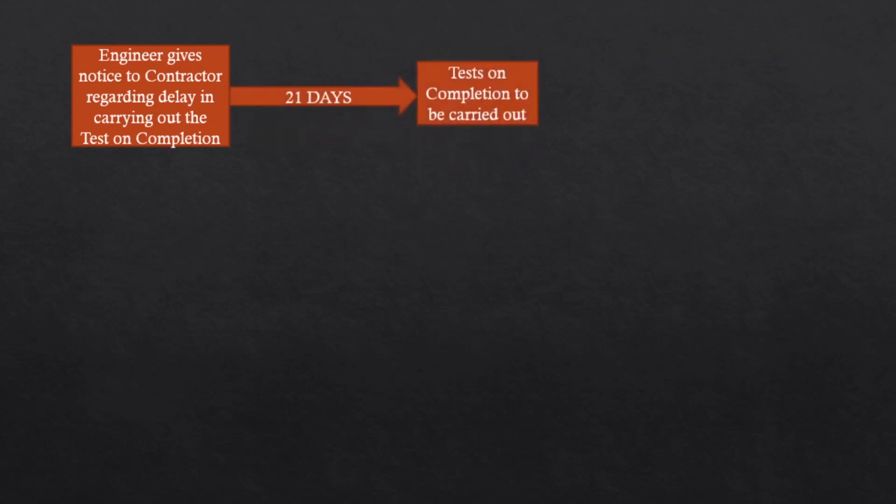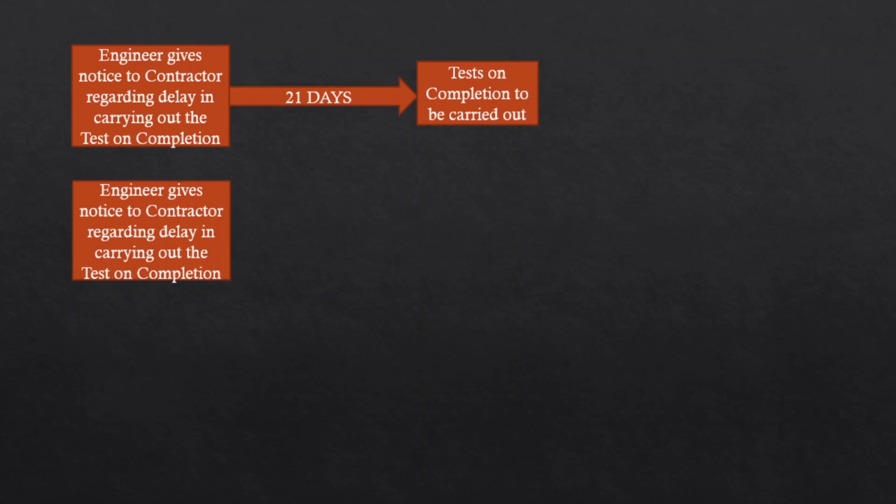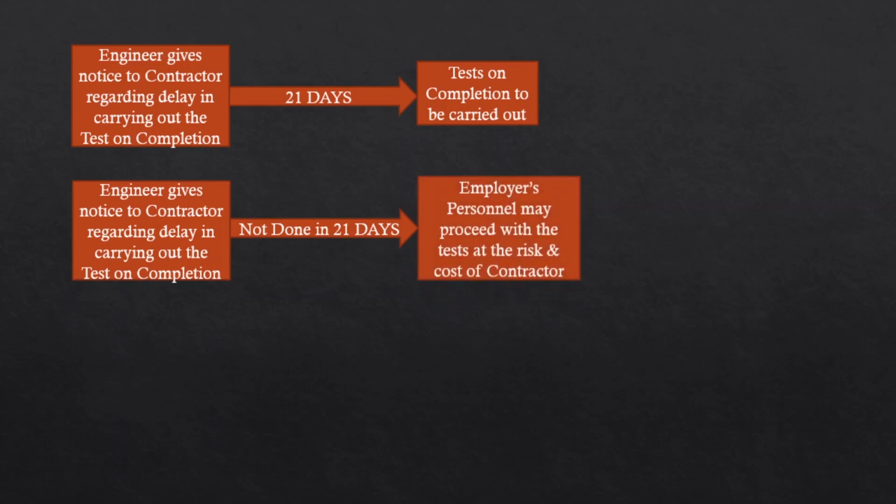Now the engineer gives notice to the contractor regarding any delay in carrying out the tests on completion. Once this notice is given, within 21 days the tests on completion have to be carried out. If at all within 21 days the contractor doesn't respond or doesn't carry out the test, the employer can carry out the test at the risk and cost of the contractor.